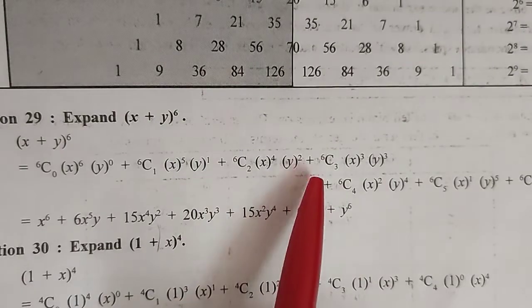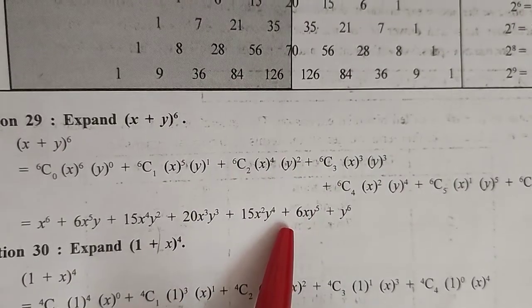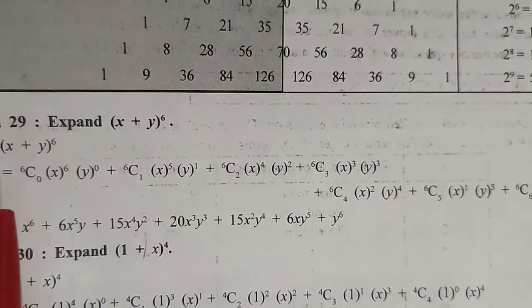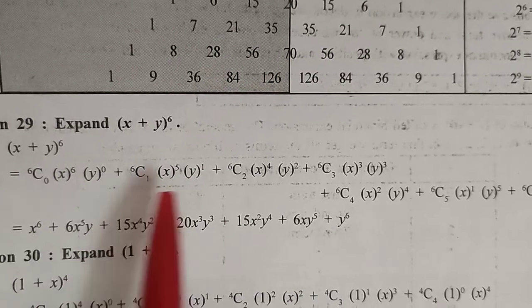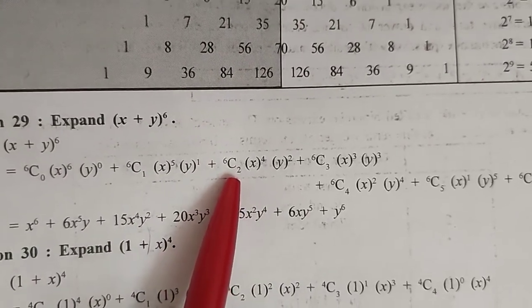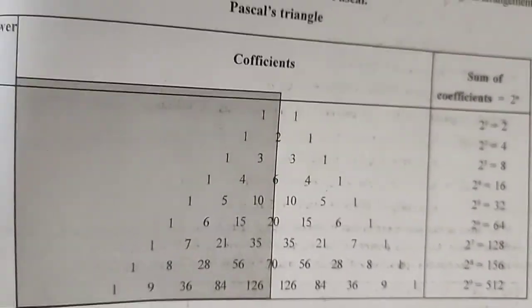Here it is x raised to 6, in the next it will be x raised to 5, third term x raised to 4, and the power of y will increase by 1. Like y raised to 0, here it will be y raised to 1, then here y raised to 2. Fine. So these values like 6C0, 6C1, 6C2, we can easily get from Pascal's triangle.